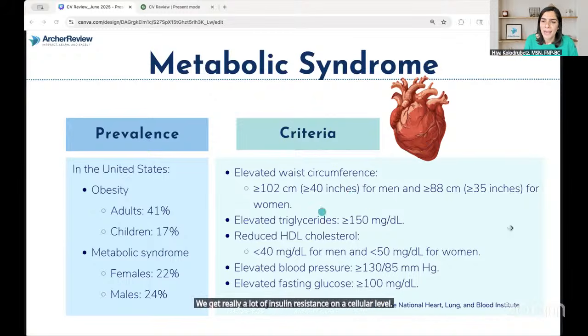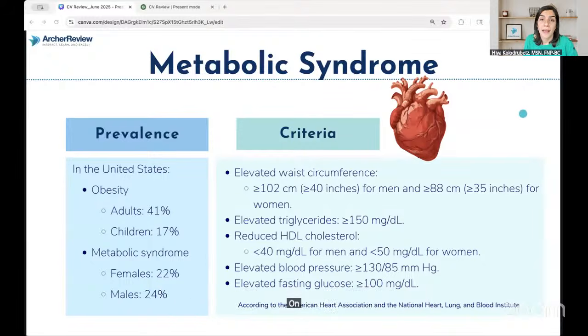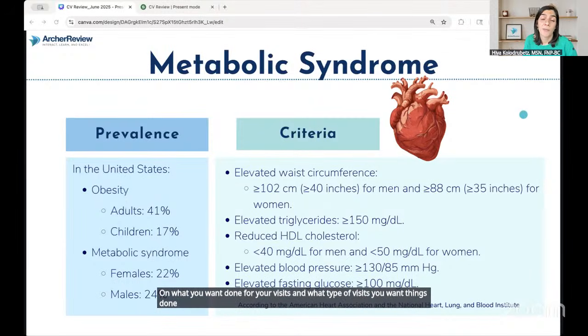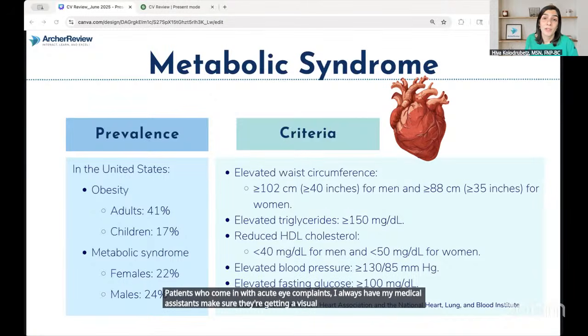So oftentimes in clinic, most clinics don't measure a waist circumference. You could make it part of your practice, really work with your medical assistant, coach them on what you want done for your visits and what type of visits you want things done for. For my patients who come in with acute eye complaints, I always have my medical assistants make sure they're getting a visual acuity when they're doing their vitals, so I have that when I'm going into the room.